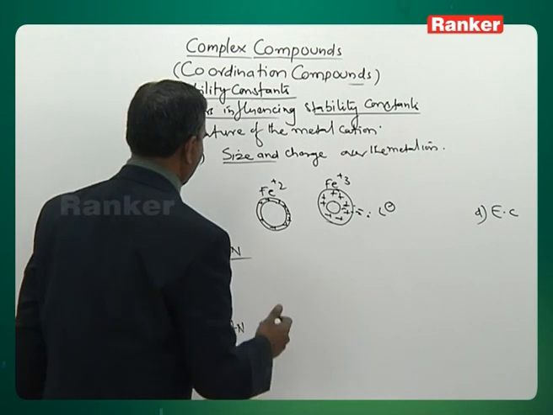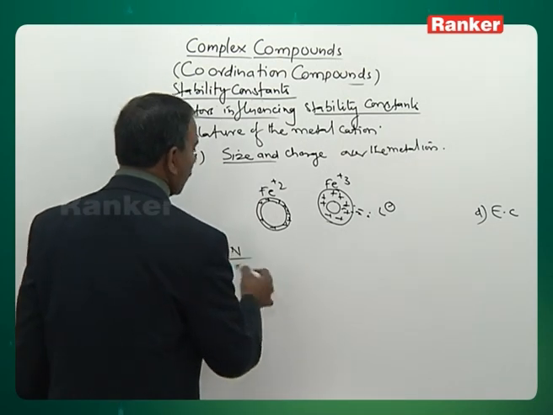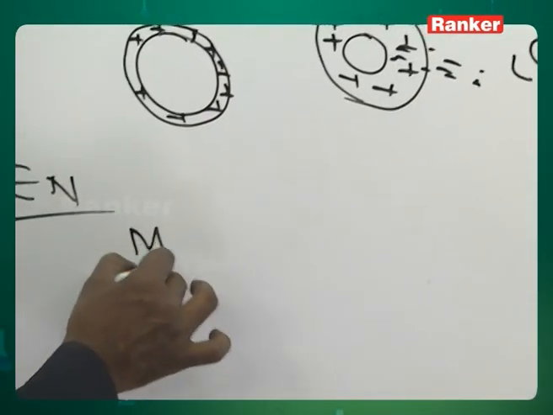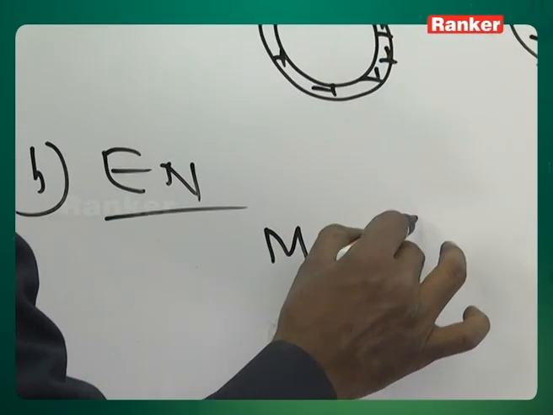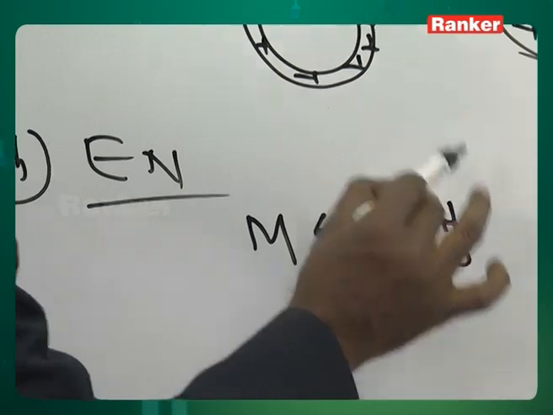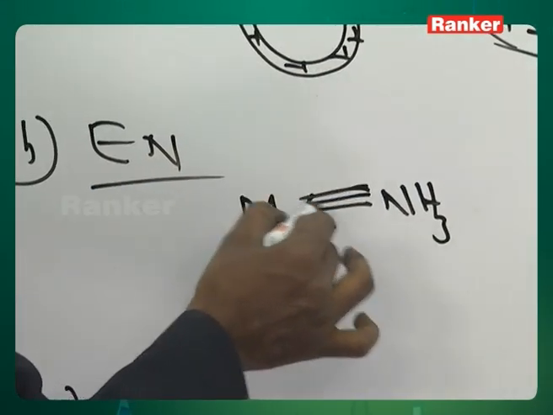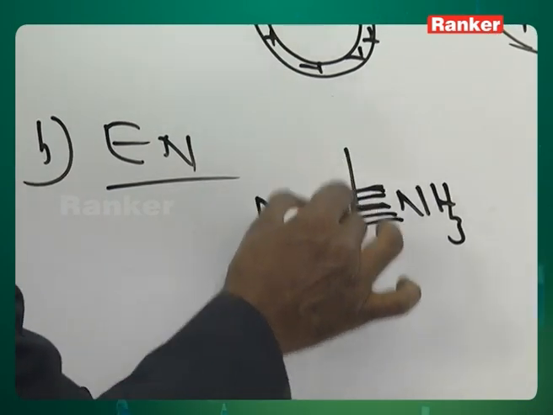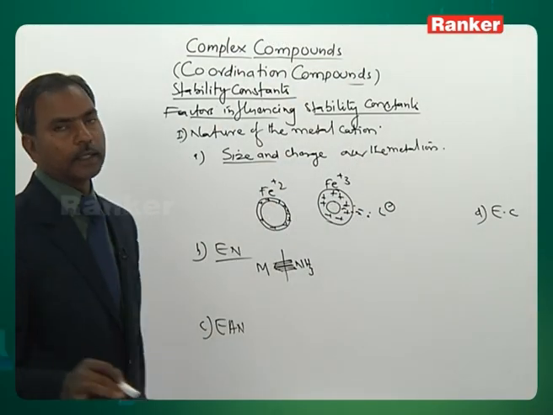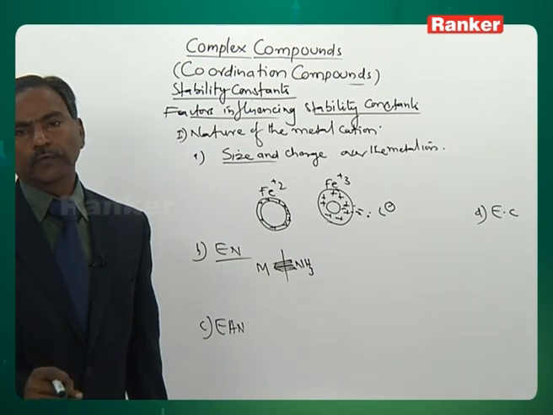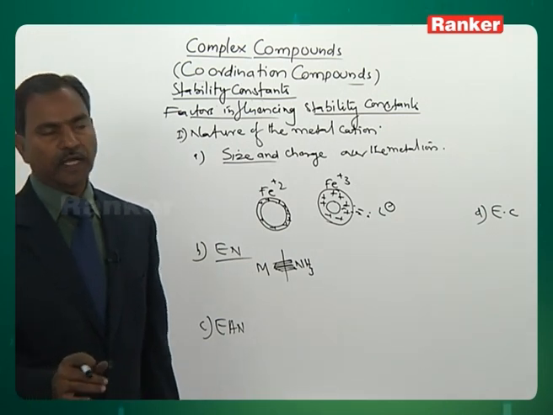Therefore, a more electronegative metal ion produces a more stable complex. Greater the electronegativity of the metal cation, the more stable the complex it produces.